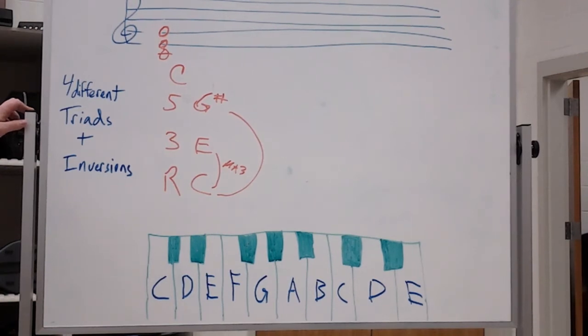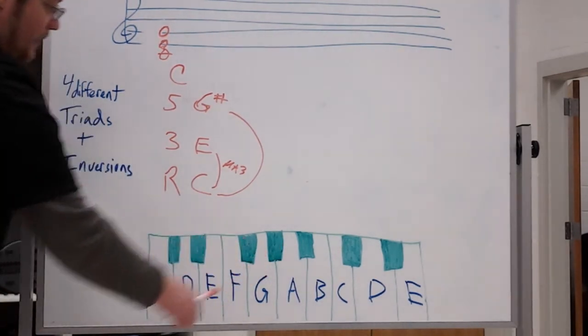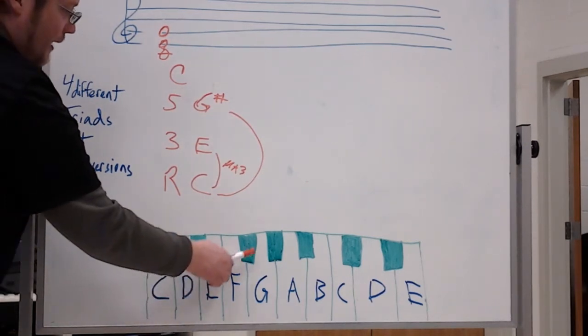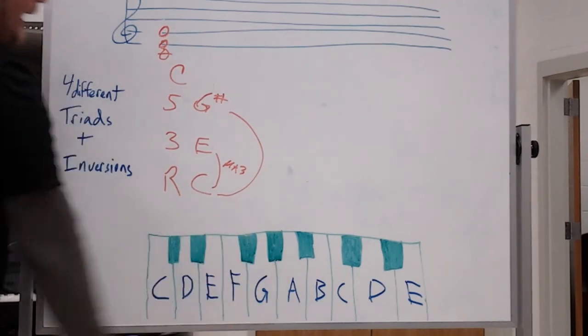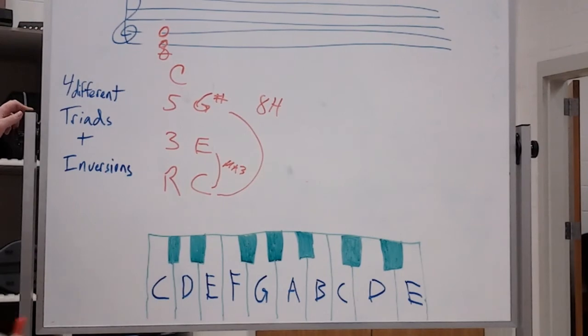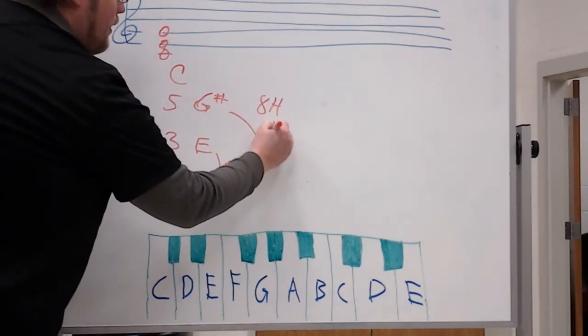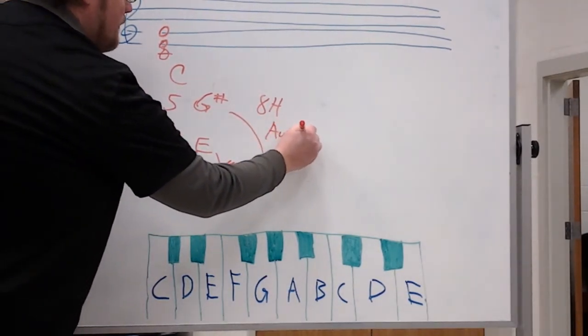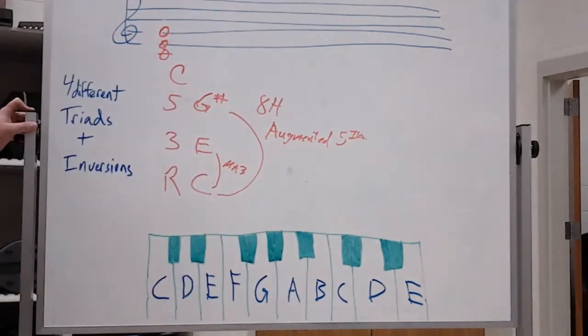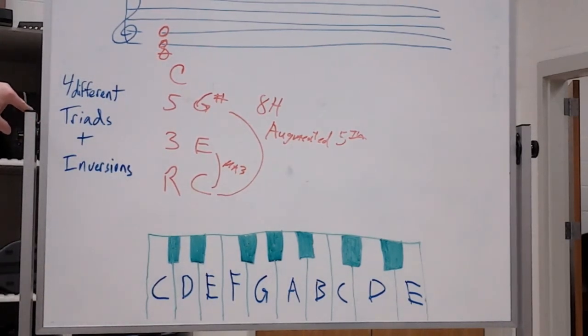Remember, a perfect fifth was 7 half steps. Now by making this a G sharp, 1, 2, 3, 4, 5, 6, 7, 8 half steps from C to G sharp creates what's called an augmented fifth. Remember, if we augment something, that means we're making it bigger. So we're going from 7 half steps to 8 half steps, creating a bigger sounding fifth.